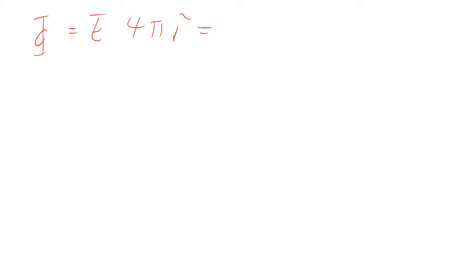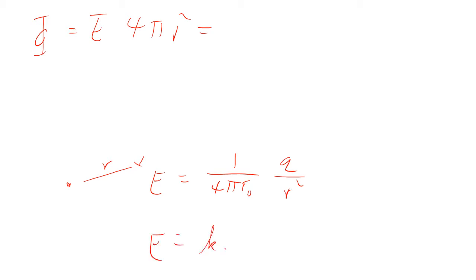E is going to be equal to, for a point charge, if we're some distance r away from it, E is 1 over 4 pi epsilon naught q over r squared. Yeah, I know. When I did this before, I wrote it as k sub b q over r squared, but I said that k sub b is the same as 1 over 4 pi epsilon naught. Turns out in this case, that actually makes it easier.